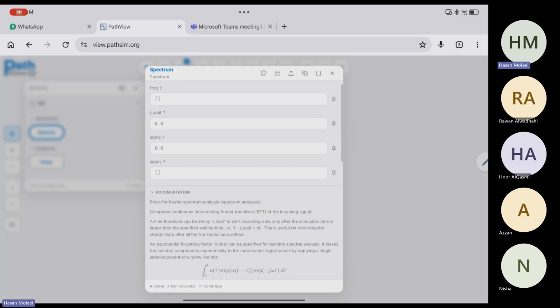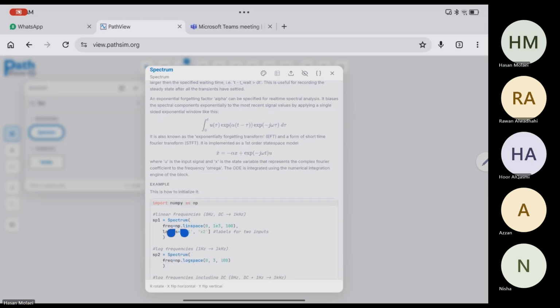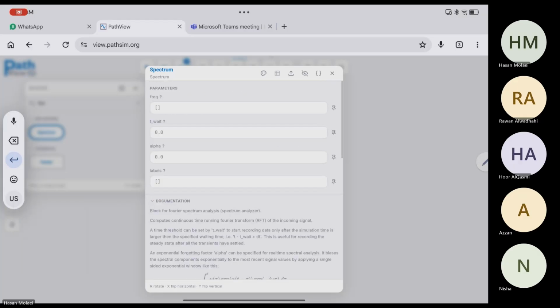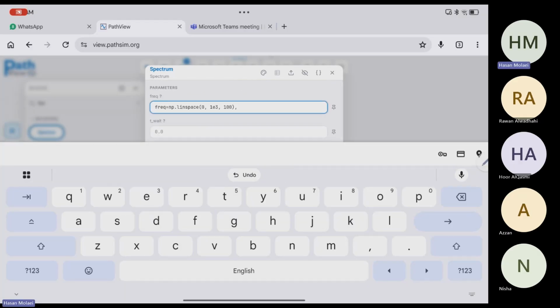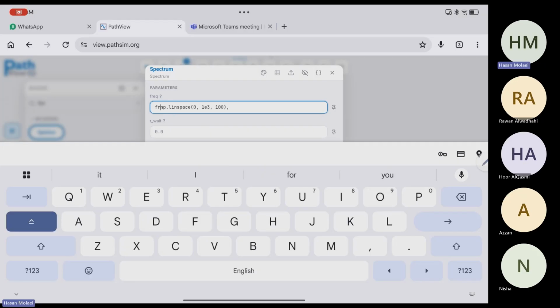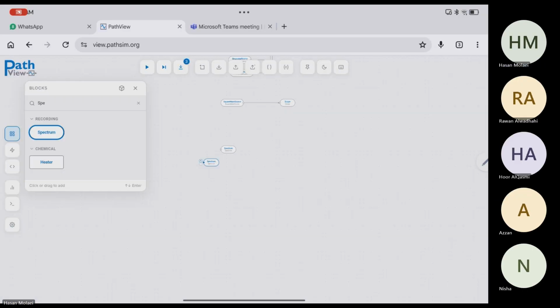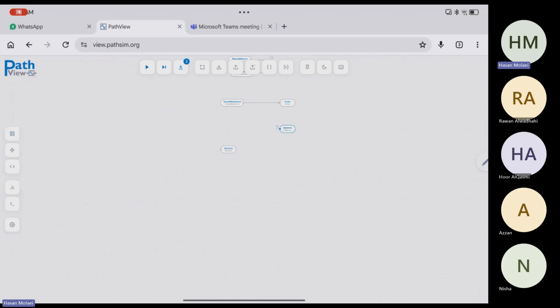Okay, I need to define frequency like this. From 0 to 10 hertz and 100 samples. Yeah, that's what a spectrum is going to look like. Let's run this one.